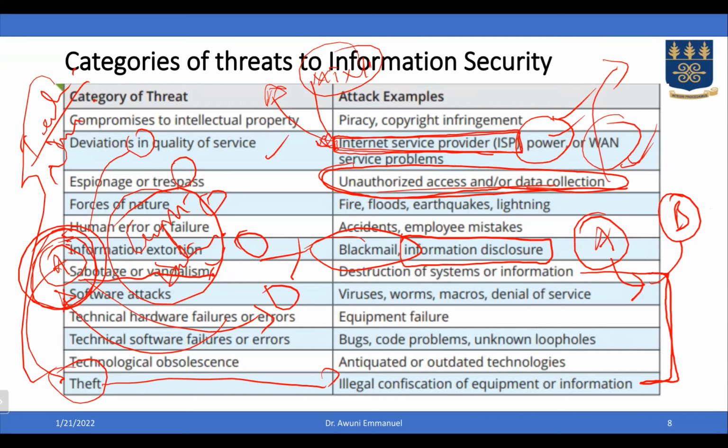But stealing can also mean going to take the physical server somewhere. Vandalism is similar, and you can connect it to theft, because if you're stealing, you're also sabotaging the activities of the organization.